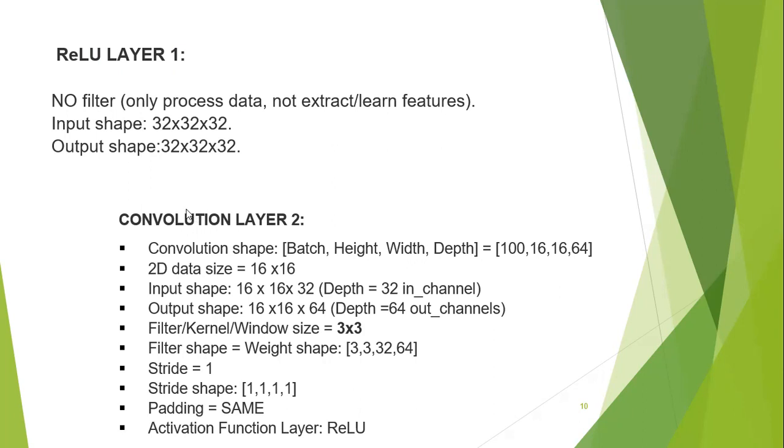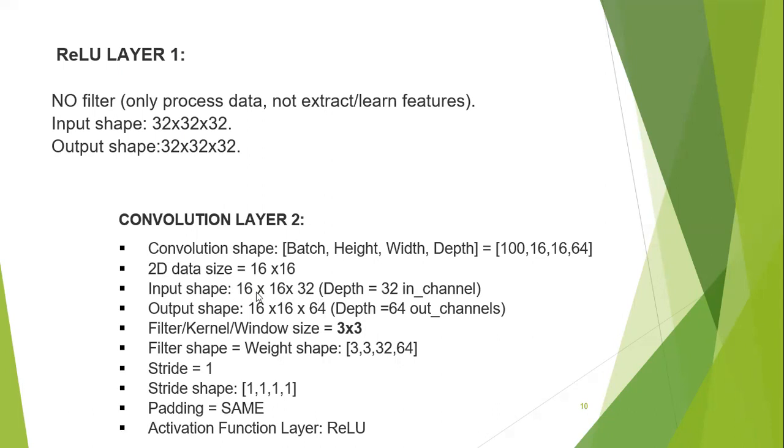And then for the convolutional layer 2, we also have a shape with the batch, the height, and the width, which is 16 by 16 by 64. And this is the 2D data size for the image.